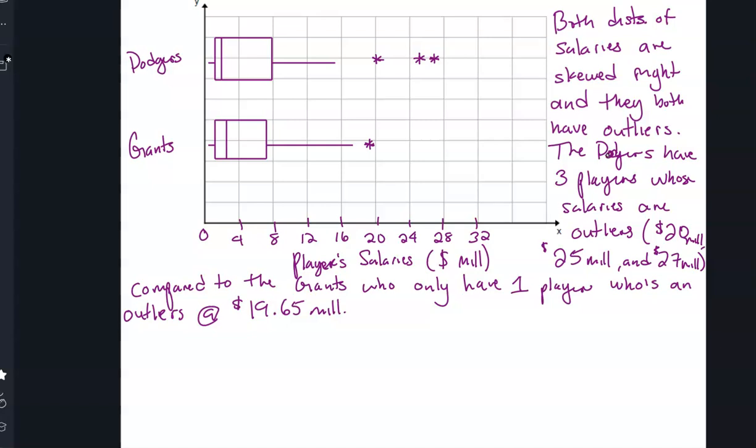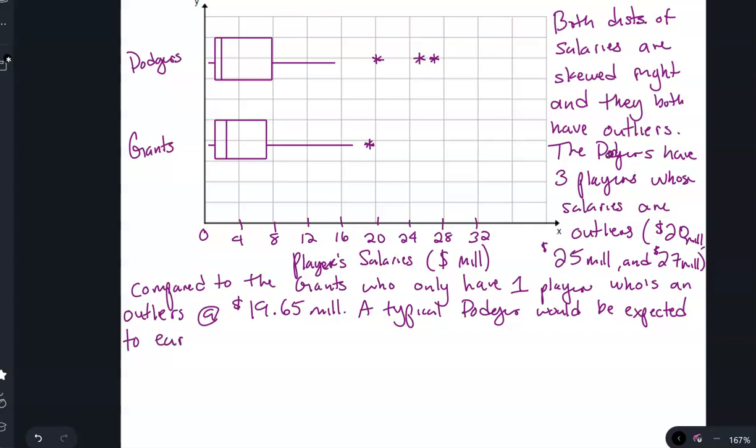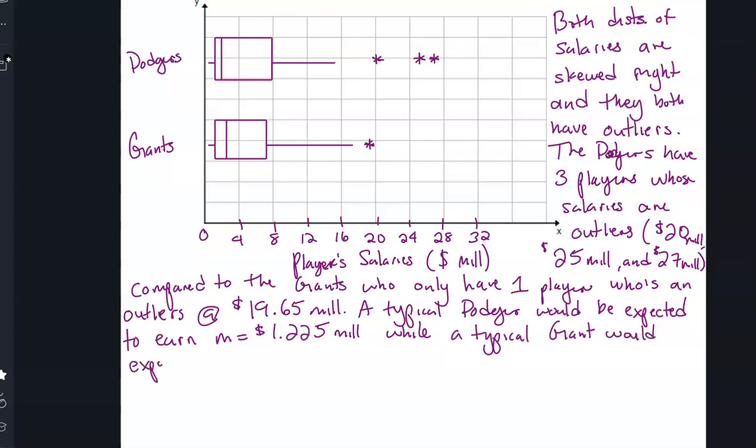Median. Okay, so a typical Dodger would be expected to earn, and I'm going to put M equals for median, $1.225 million, while a typical Giant would expect 1.9625 million.